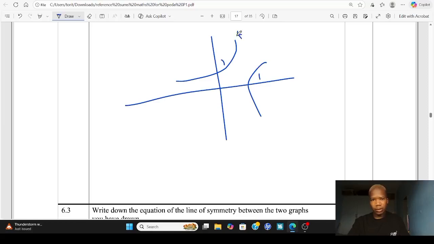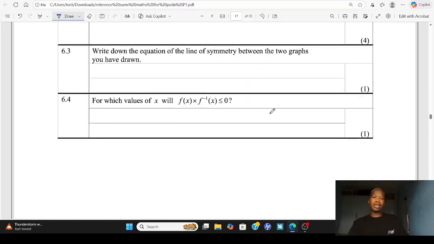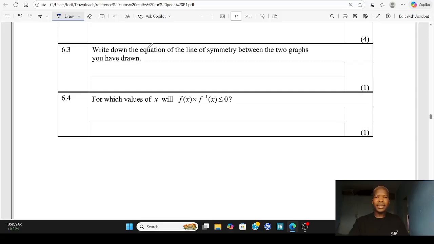So this is f of x, and this one is for the inverse of f of x, right? So that is the value. The other question says, write down the equation of the line of symmetry between the two graphs you have drawn. So the line of symmetry is y is equal to x, right? That's all you have to know.